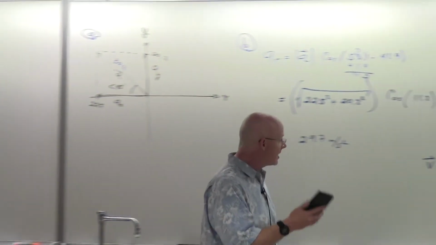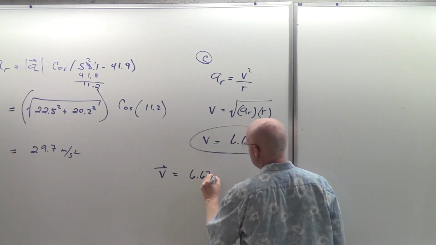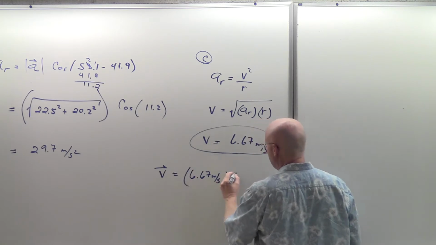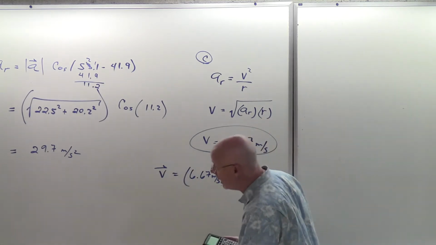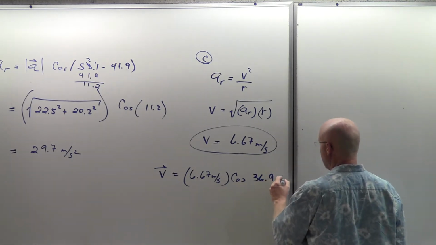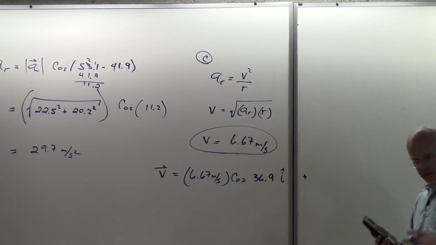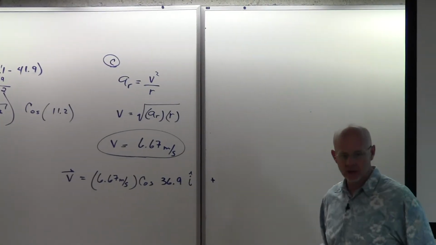So to get the x component, I would take its magnitude, the 6.67 meters per second, and multiply it by cosine of that 36.9 degrees. That would be how much of the speed is in the x direction.